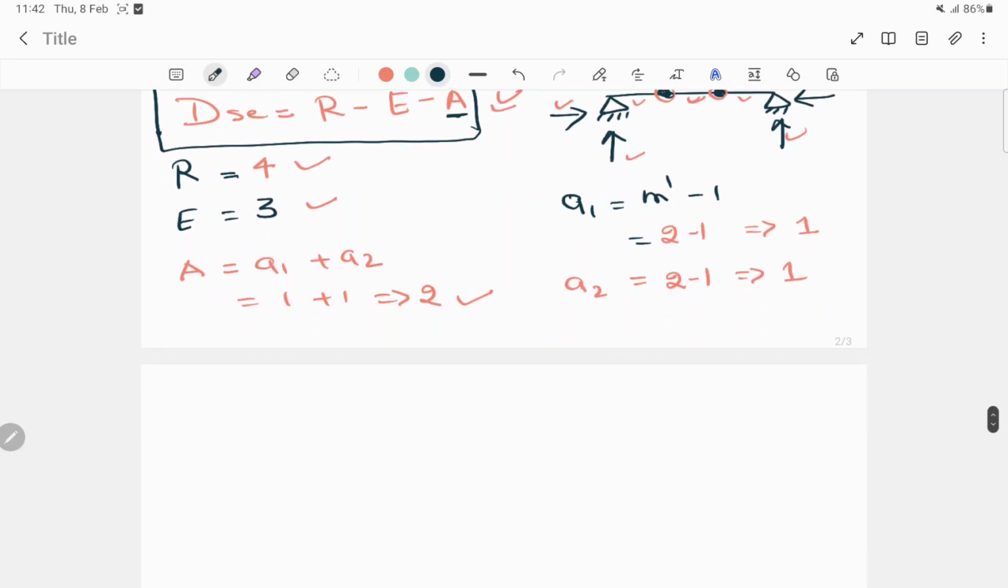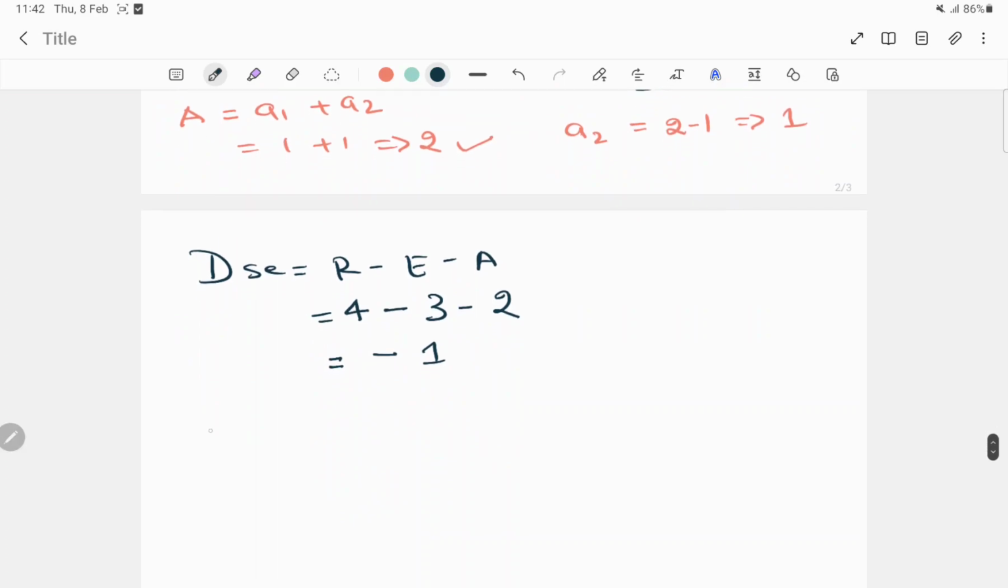Now DSE is equal to R minus E minus A. So we have a value for R here, that is 4, and E is 3, minus A is 2. So the value for DSE is minus 1.